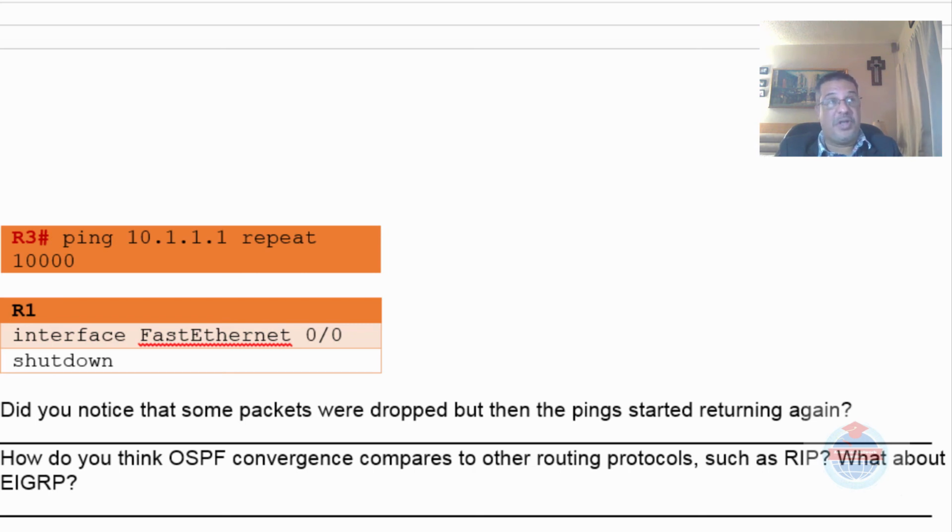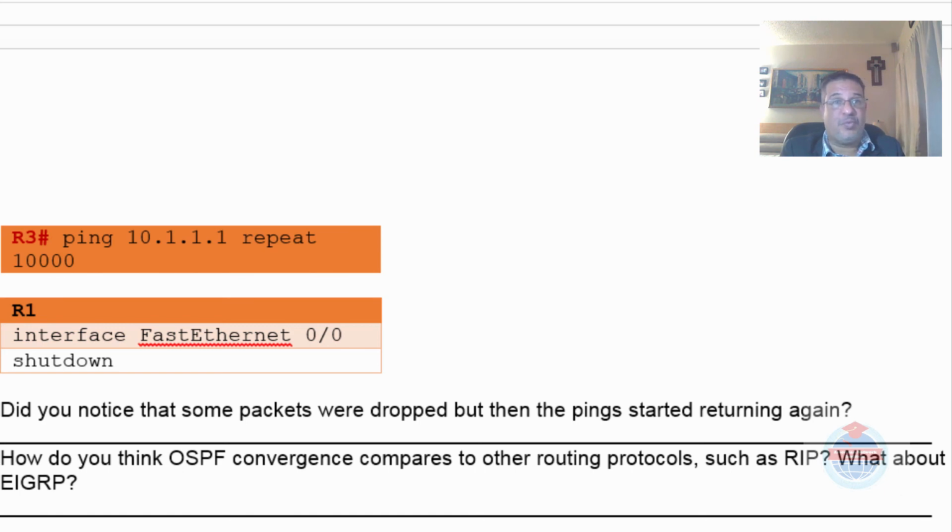RIP version 1 doesn't allow VLSM. OSPF can do a faster convergence because of a faster calculation algorithm. One more thing that I want to explain to you guys is that OSPF can work very well in small and very well in large environments. RIP doesn't work quite like that.